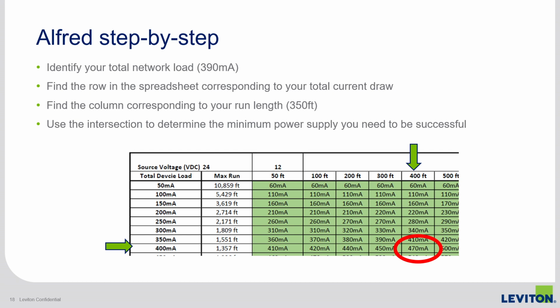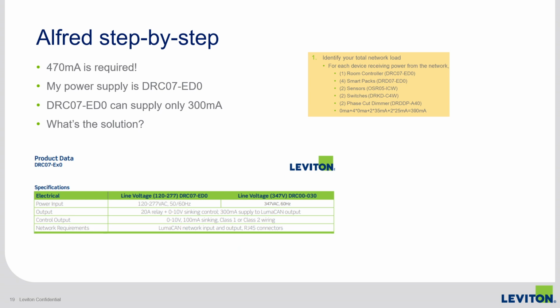Now, here's what I want to point out to you. Remember, our total network load was 390 milliamps? Well, practically speaking, in order to run that successfully, I need a 470 milliamp supply at 400 feet. So I need a bigger supply than I thought I needed.